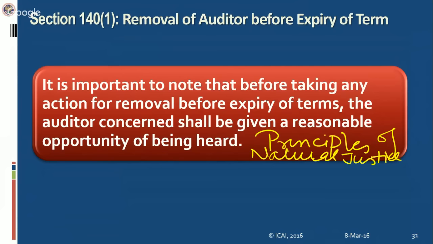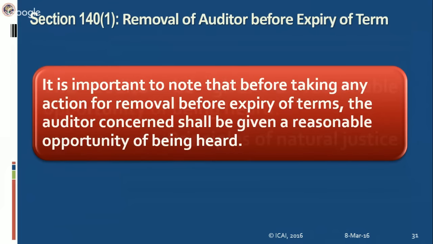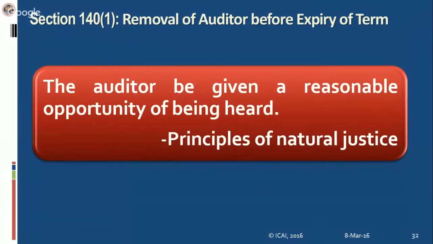So this is the requirement of the principles of natural justice. The auditor is to be given a reasonable opportunity of being heard.